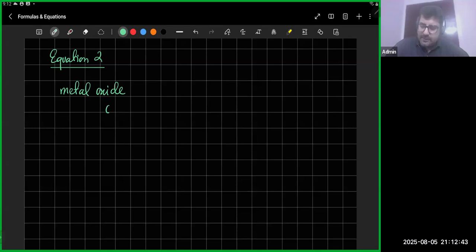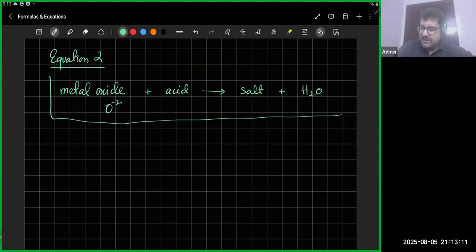Oxide was just the oxygen ion. The metal has no role here; it's just there because for a negative ion there has to be a positive ion attached to it. So a metal oxide with an acid produces salt plus water. The only difference is that instead of the hydroxide, you now have an oxide. So this is our second equation, which is kind of the same.